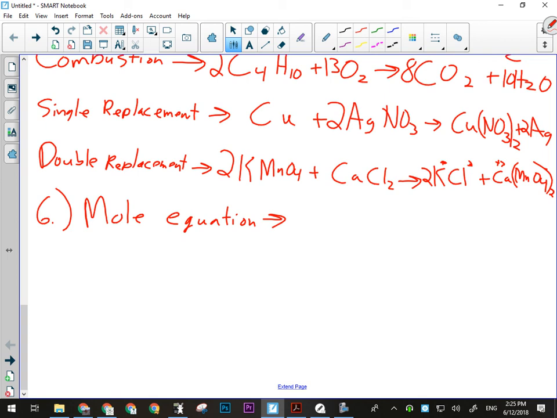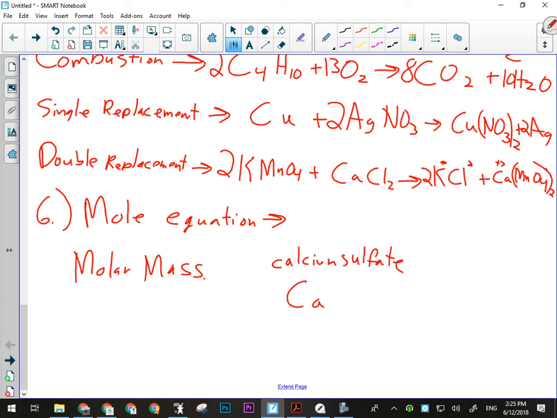So, things to do with the mole equation. Being able to calculate molar mass. In order to calculate molar mass, I've got to be able to write the formula correctly. So if a question told me that I was dealing with, let's say, calcium sulfate, I've got to go, calcium is Ca, and sulfate, is that S or SO4?